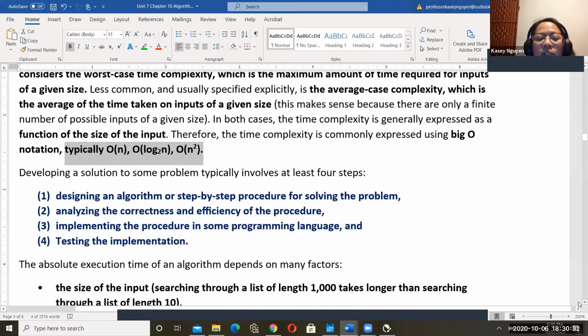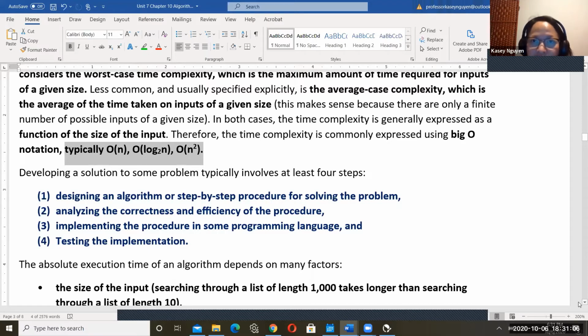So when you're looking at creating the solution, right, or building the algorithm for your program, you need to really think about the 4 steps. First, we need to use the step-by-step procedure to solve the problem, so design an algorithm. And within that, what we will see is, let's say it's a linear search, we would have to incorporate some kind of looping, some kind of comparison, right?